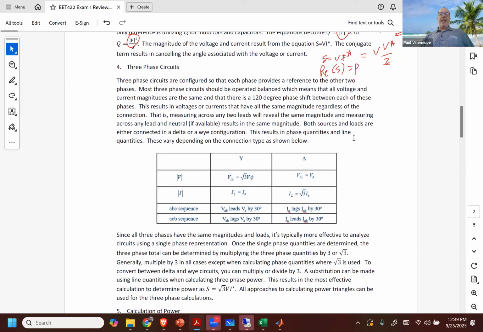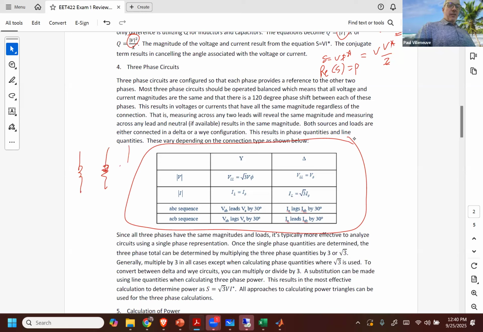So if you don't have that in your brain and you can't draw that circuit out, using this table is going to be very helpful, because it tells you, is my phase voltage or my line voltage needing to be multiplied or divided by the square root of 3 to get the parameters? Because every single inductor, resistor, or capacitor is a single phase element.